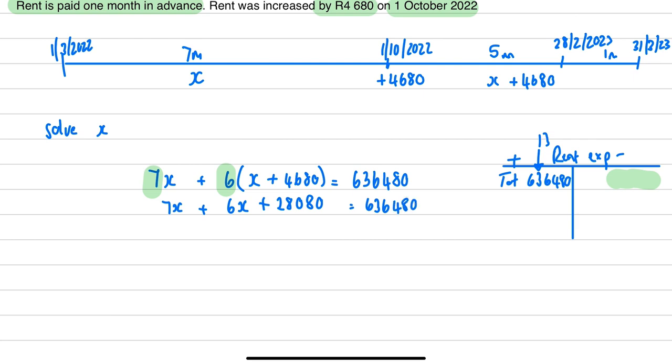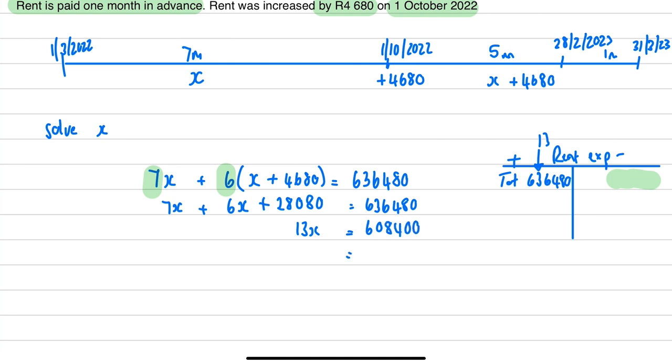And that is equal to 636,480. I then get 13X alone on the one side. I carry the 28,080 over, and it becomes a negative. So I say 636,480 minus 28,080, and I get that 13X is equal to 608,400.